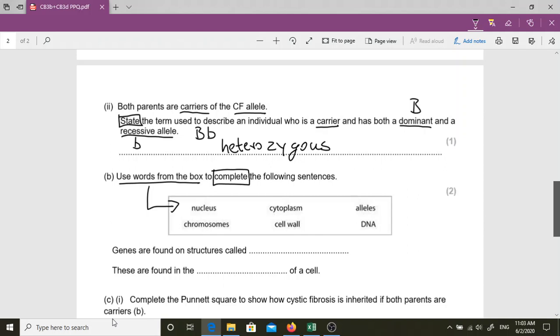So basically, what are the structures called that are long strands that have all the genes and the DNA in them, and that is the chromosomes. These are found in the nucleus of a cell.